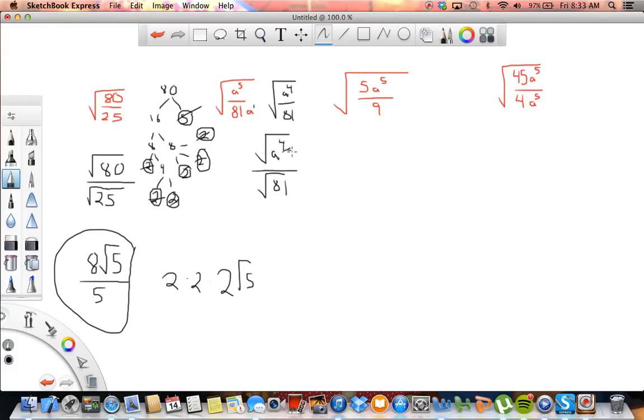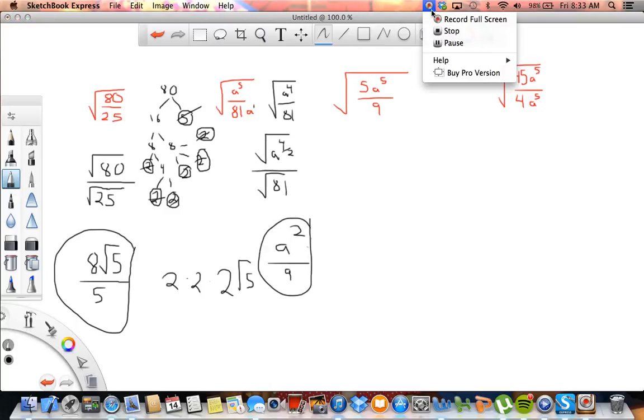So I'm going to divide that 4 by 2, and that's going to leave me with, whoops, I'm sorry, not the square root of a squared, it's just going to leave me with a squared. So that is a squared. Alright. And now the square root of 81 is going to be 9. And this cannot be simplified down any farther than it already is.